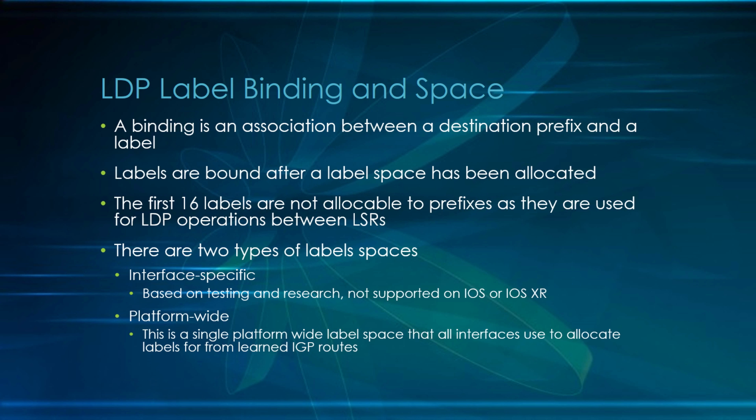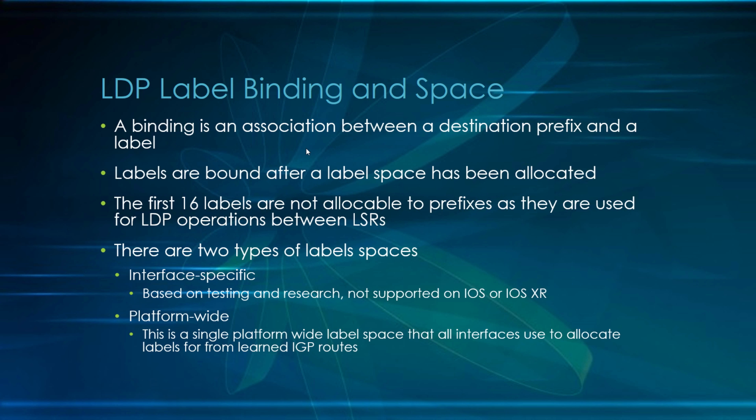You have the interface specific, which, based on testing and research, is not supported on IOS or XR, and is only supported on label-controlled ATM. And then you have platform wide. This is a single platform-wide label space that all interfaces use to allocate labels for learned IGP routes.